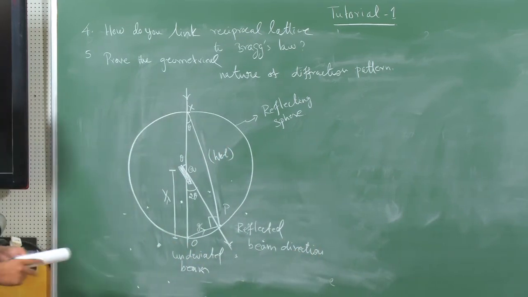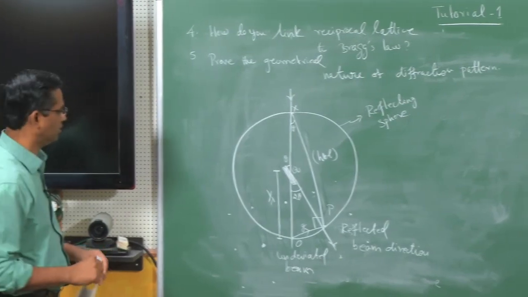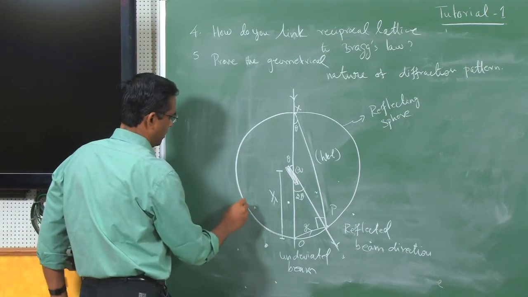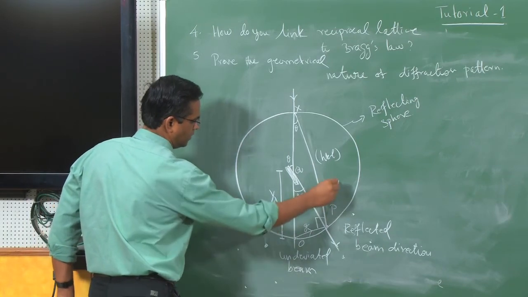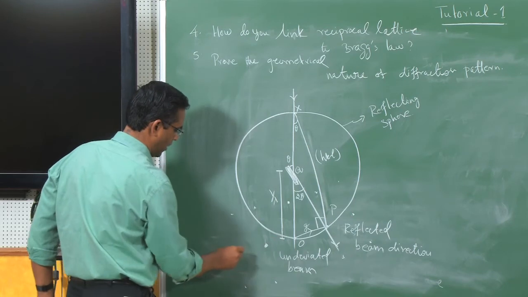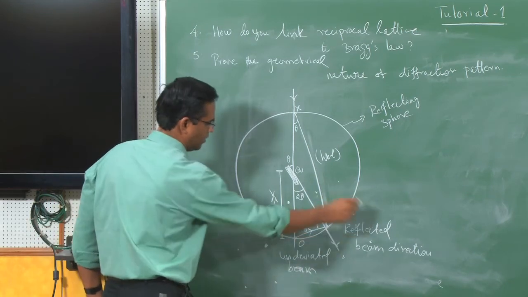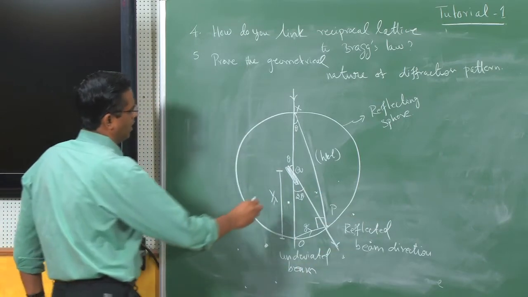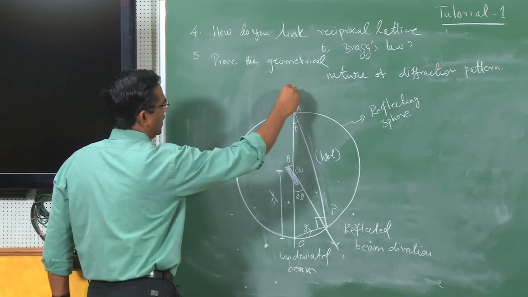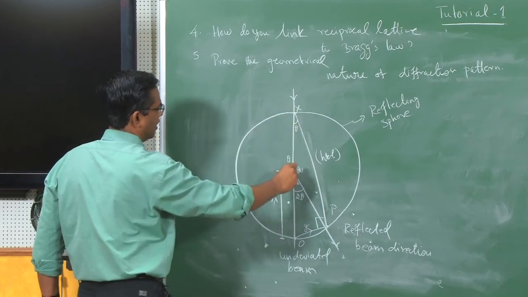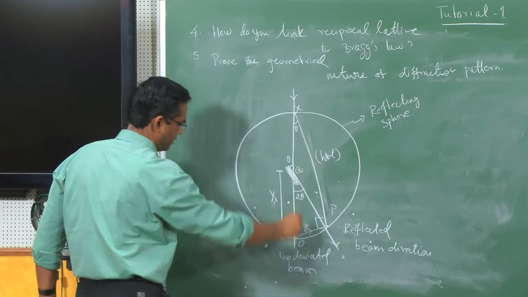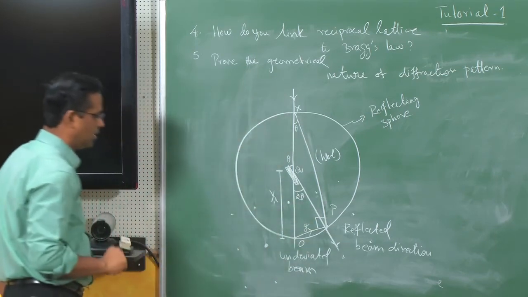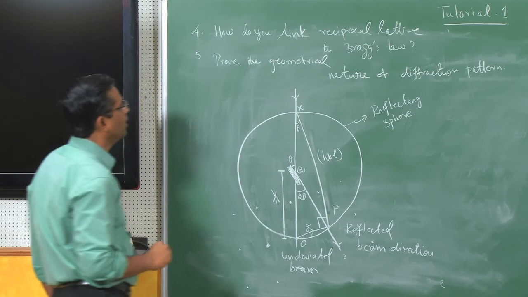What I have drawn in this schematic is the reciprocal lattice or diffraction pattern, which is quite periodic in this manner, and then I have indicated this is an incoming ray, and this is the undeviated beam. This is the reflected beam direction.